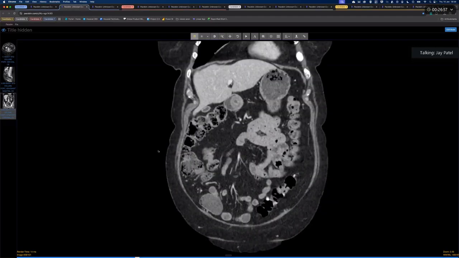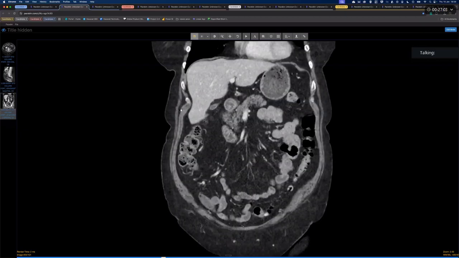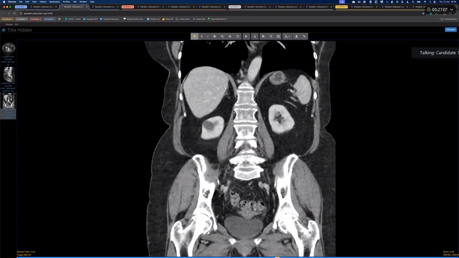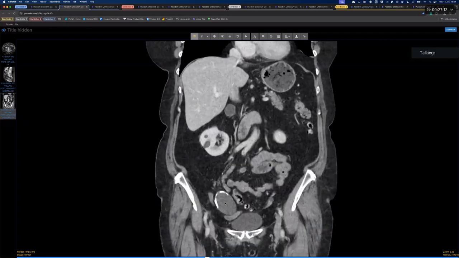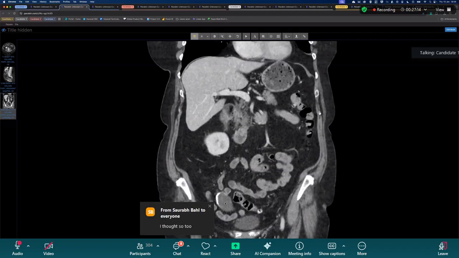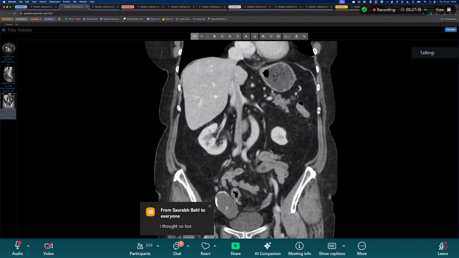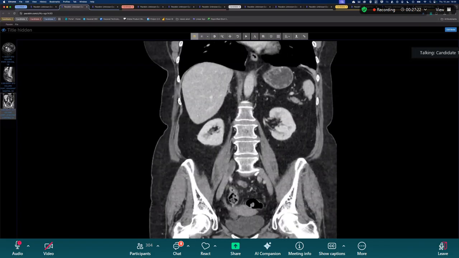There you are. Should I drag? Okay, yes. So the lesion is actually elongated and seen adjacent to the uterine corner.